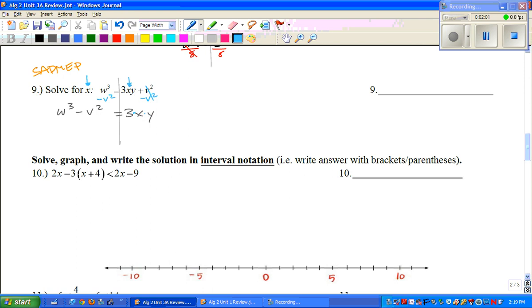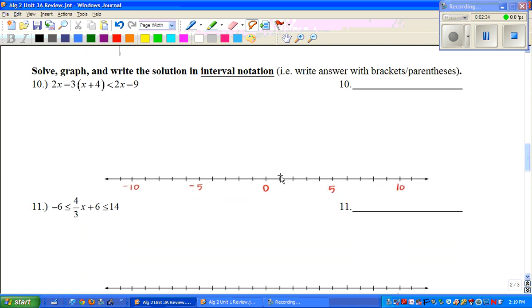Now, the 3x and the y, that's all multiplication. To get rid of multiplication, you divide. And what you do to one side, you have to do to the other. Now, since we can't reduce any of that stuff, we're actually going to leave our answer as w cubed minus v squared over 3y. Since we can't reduce anything else, that's what it stays as, okay?